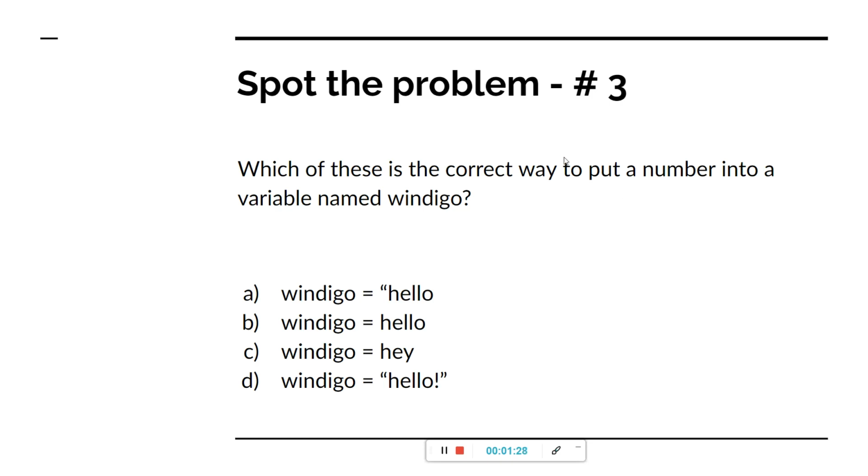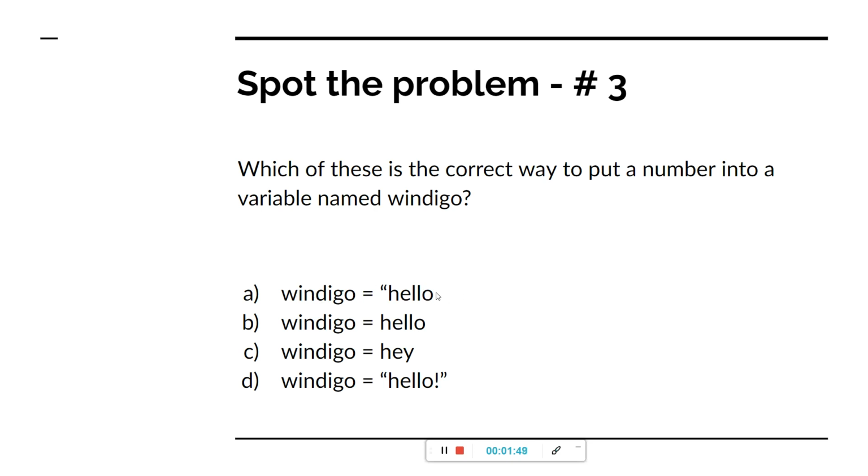Which of these is a correct way to put a word into a variable named Wendigo? Sorry, that's a mistake, it should be word. So Wendigo equals hello. There's only one apostrophe. I don't see the second one. So this will cause a problem. The computer won't know what to do.